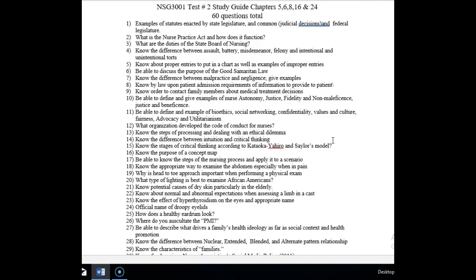Know the difference between intuition and critical thinking. Well, intuition is kind of like an inner sense or a gut feeling that something is so.